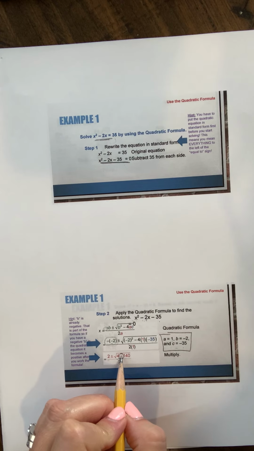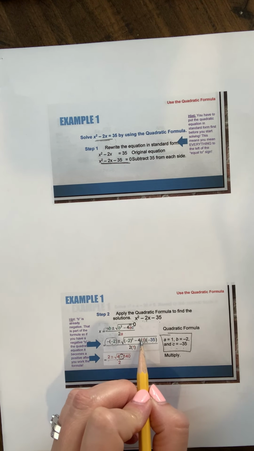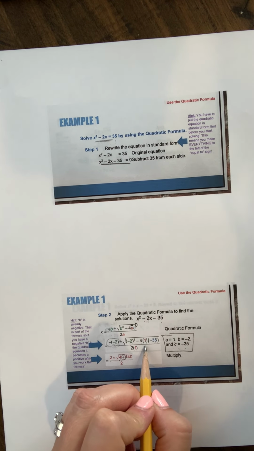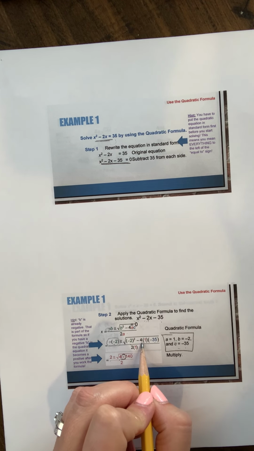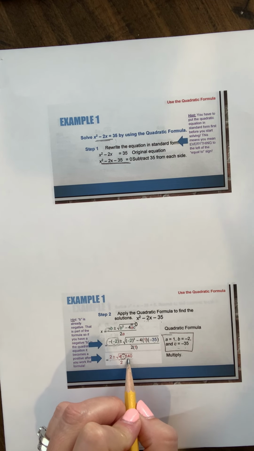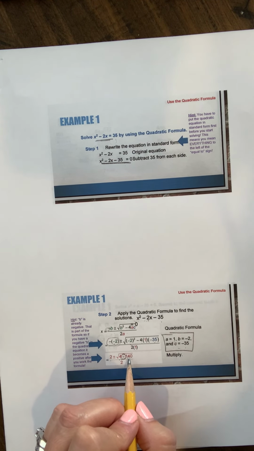Sometimes this sign is going to be positive, sometimes it's going to be negative. It depends on these numbers, okay? So when I multiply -4 times a +1, I get a -4. And then I'm going to multiply -4 times a -35, and that gives me a +140. So I'm taking that sign down with it.